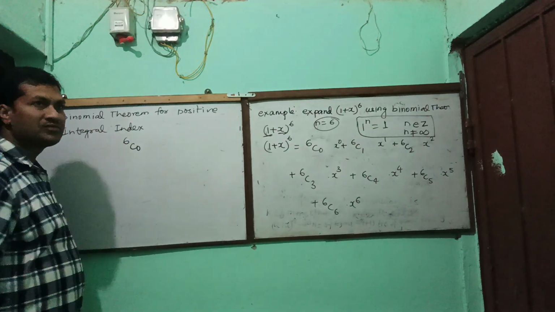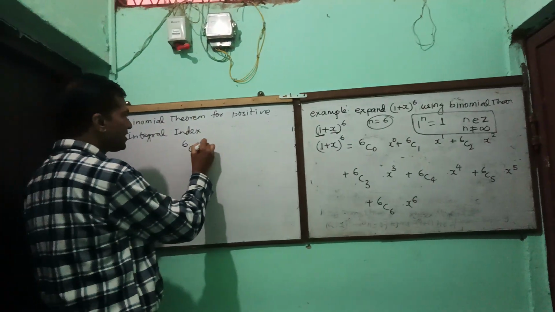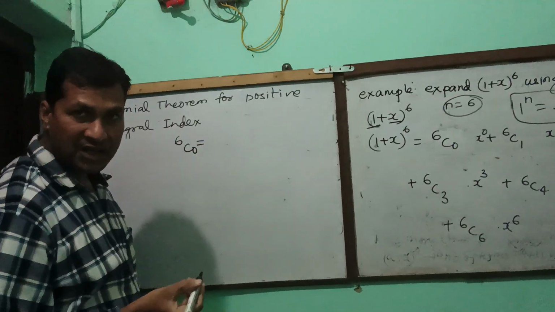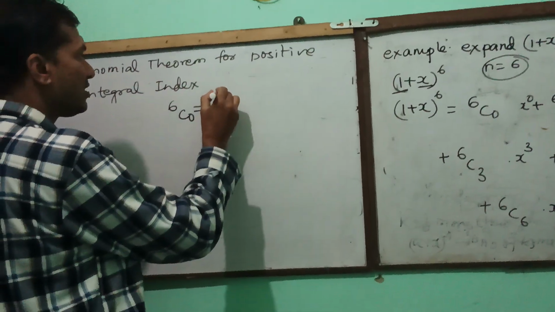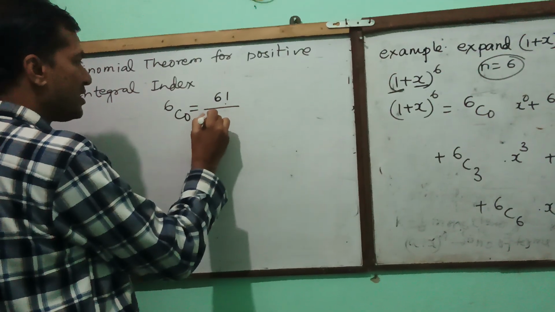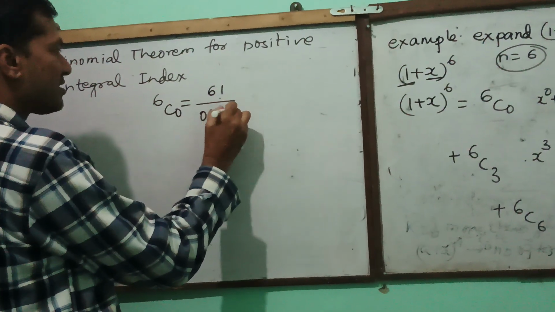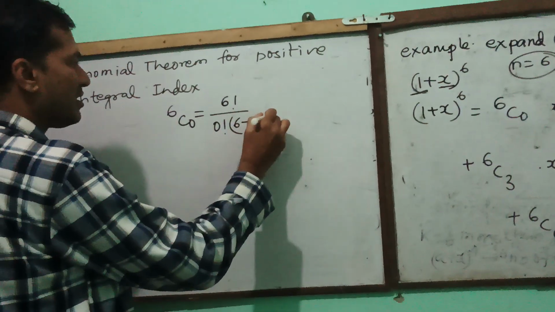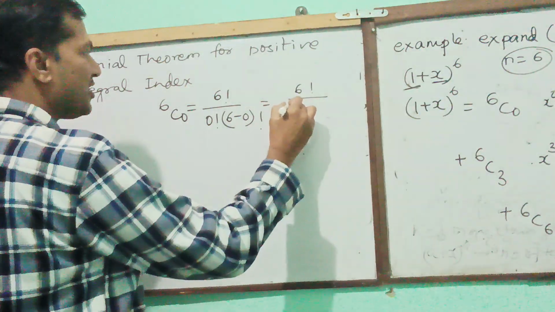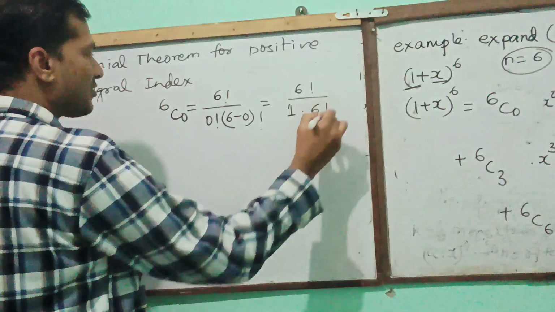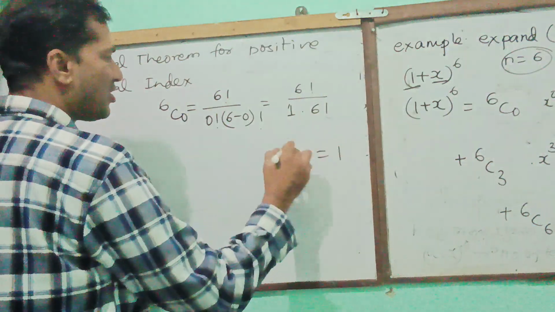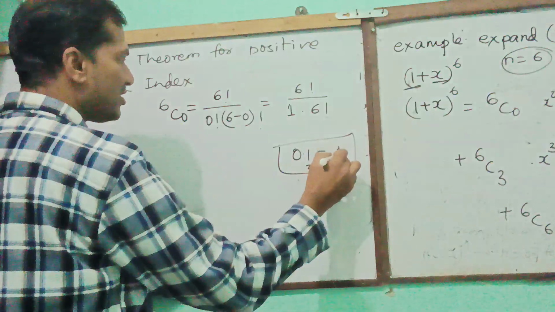6C0. So simply if we expand, how much are we getting here? We can use calculator, that will be easier for us. Otherwise 6 factorial by 0 factorial into 6 minus 0 factorial, and this is 6 factorial by 0 factorial, which means 1 into 6 factorial. 0 factorial is equal to 1.